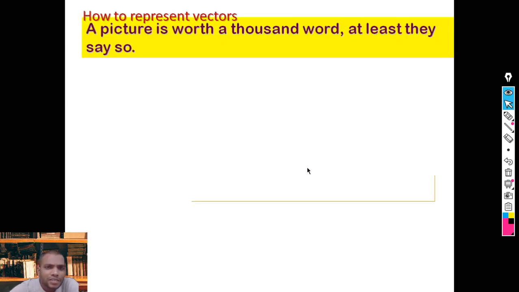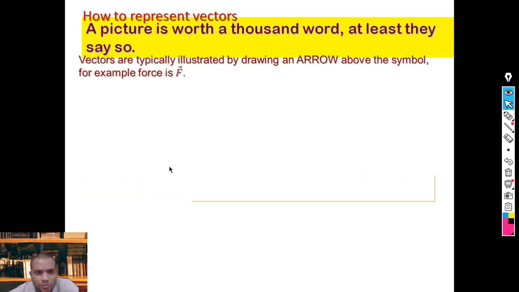So how do we represent vectors? The very easy and better representation of a vector is with an arrow. A picture is worth 1,000 words, at least they say so. Vectors are typically illustrated by drawing an arrow above the symbol. Suppose you take this bug moving from one point to another point.